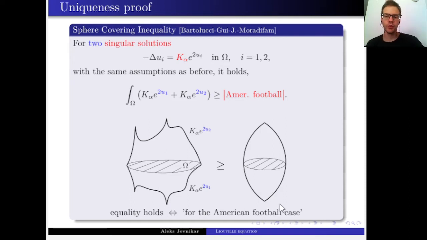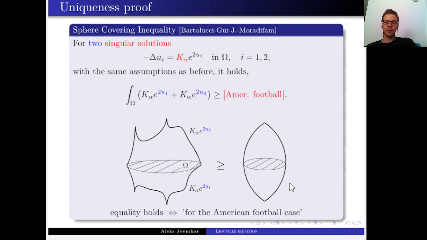You can actually prove more, as for the regular case. You have a rigidity result, and you can show that the equality holds if and only if you are in this American football case. So if you have equality, then the two surfaces have to be two complementary spherical caps of the American football.